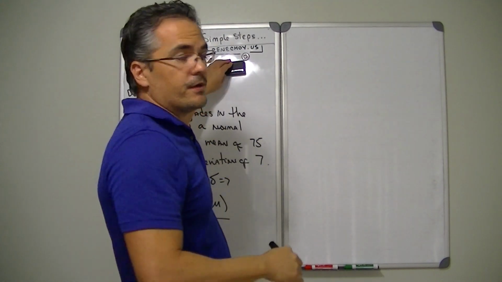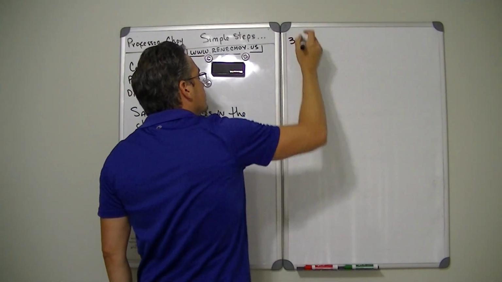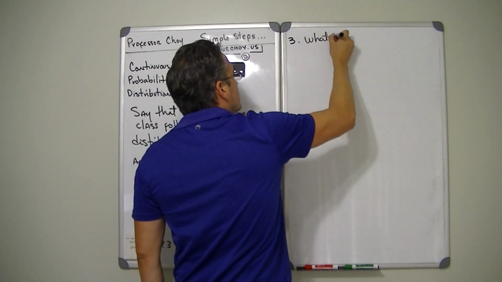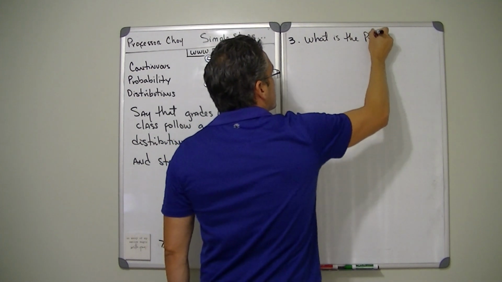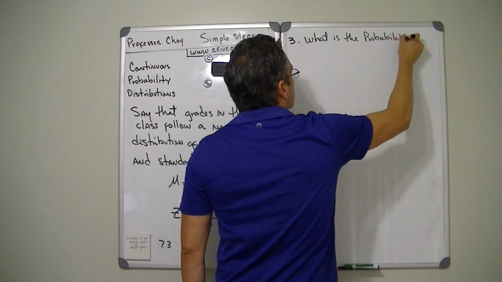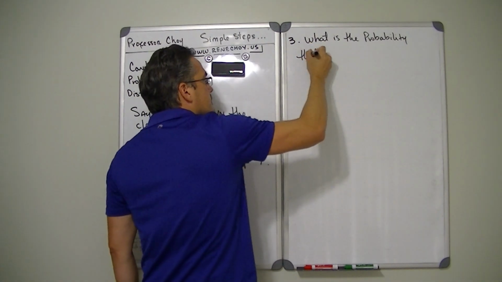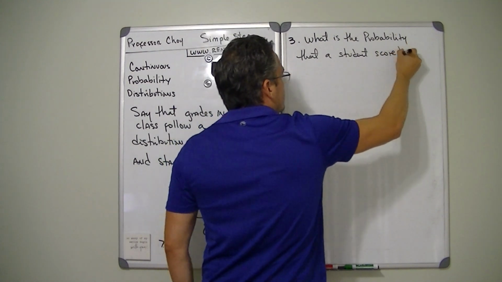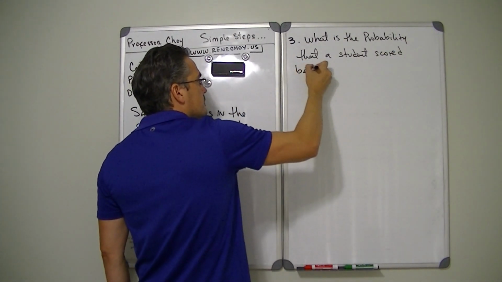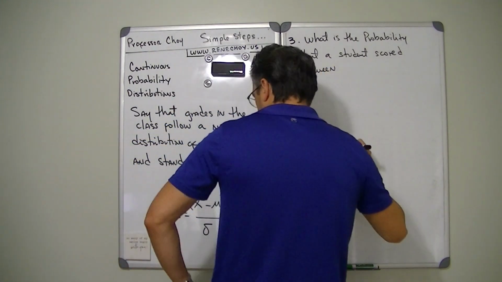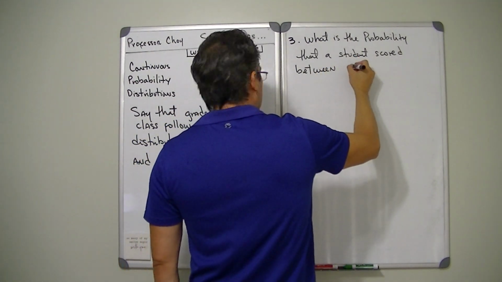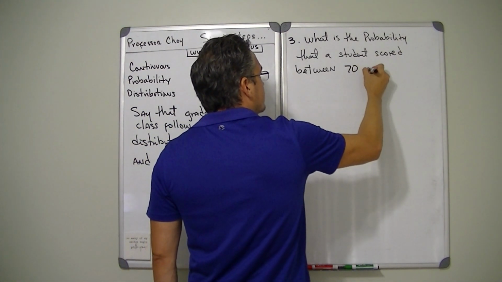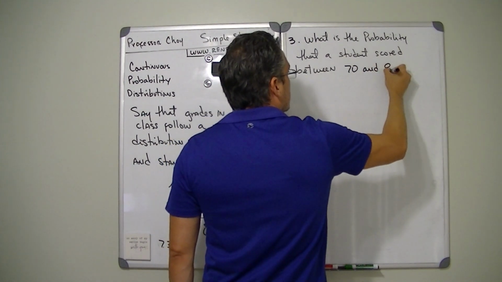Okay, example number 3. What is the probability that a student scored between 70 and 85?